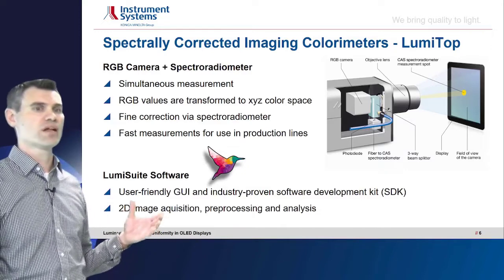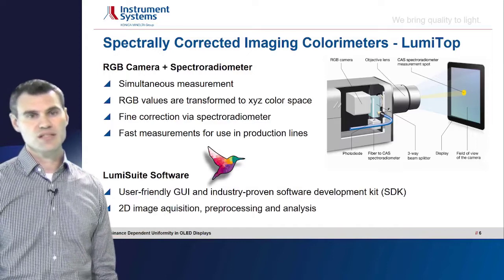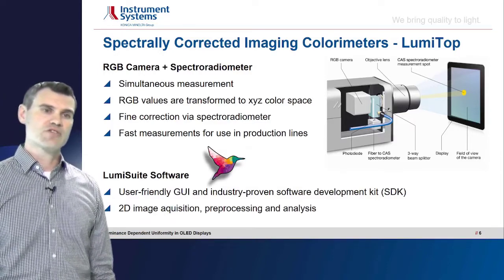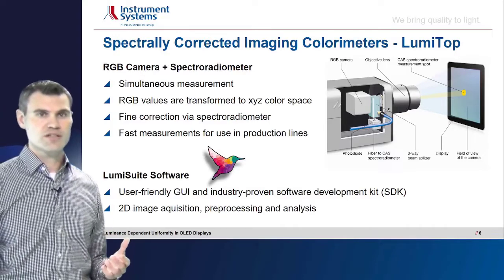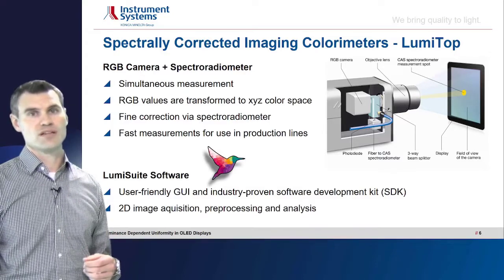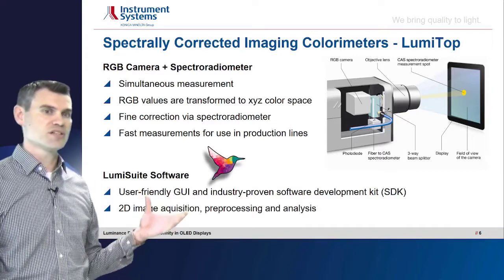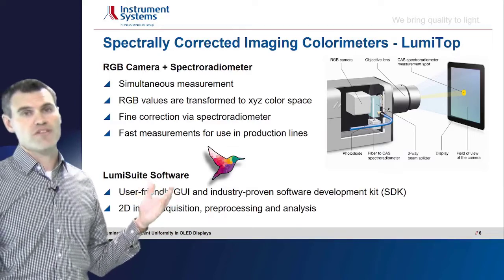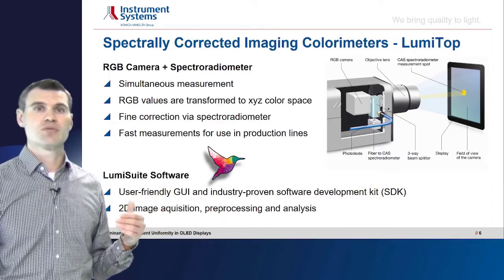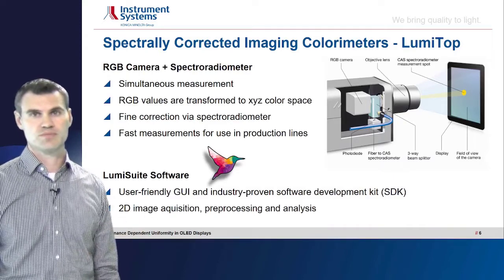The RGB values are transformed into the XYZ color space, and the spectral data from the spectroradiometer is used for fine correction of these values in order to get the best possible color accuracy. Since this is a simultaneous measurement, it's really a one-shot solution, and it's therefore a fast measurement which enables it to be used in production quality control.